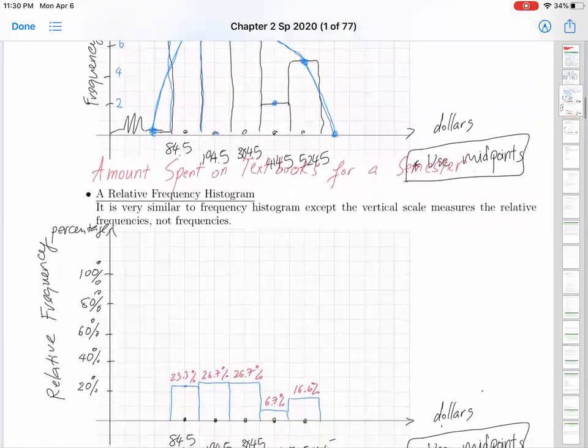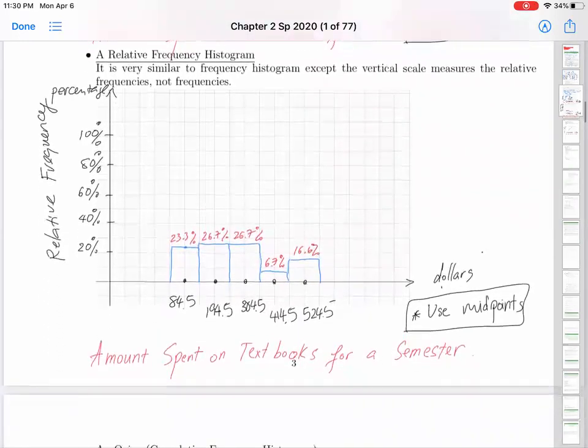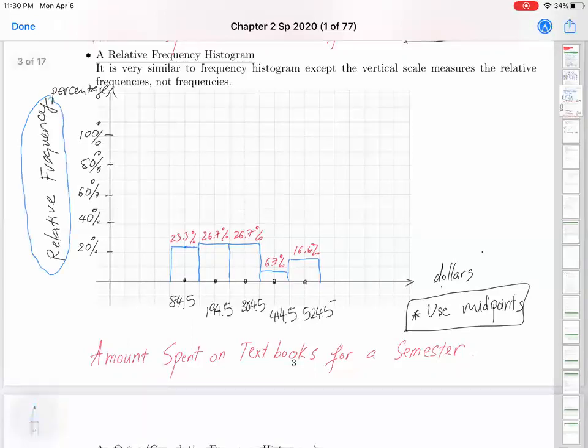All right. The next graph is you can use relative frequency to create a relative frequency histogram. The relative frequency histogram is very, very similar to the frequency histogram, except the vertical scale here is the relative frequency instead of the frequency. And then we use the percentage that we calculate from the frequency distributions to graph the relative frequency histogram.